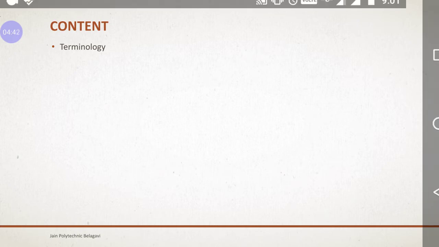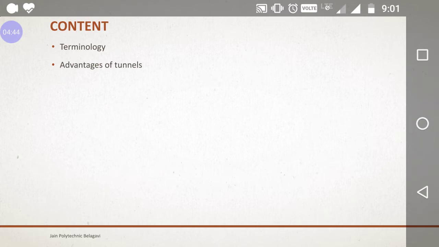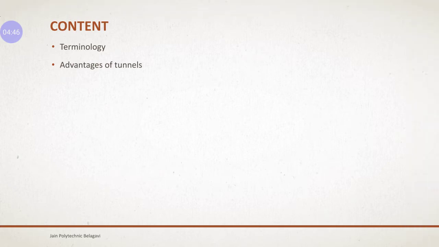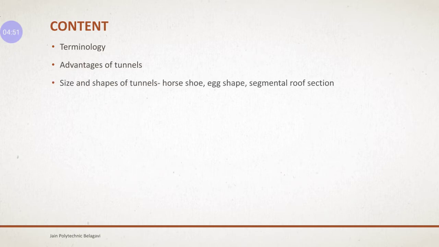Next is advantages of tunnels: how is the tunnel advantageous to us? Next is the size and shape of the tunnels: which are the different sizes and shapes of tunnels we can construct, and which size and shape of tunnel is used for which specific purpose. We will understand all these three contents in today's lecture.